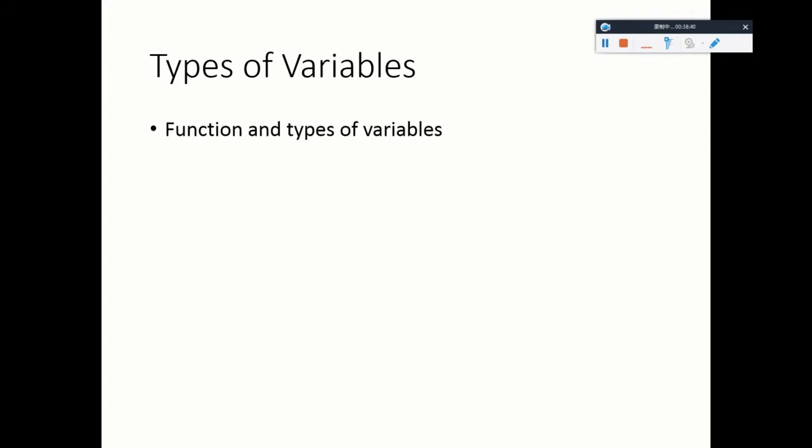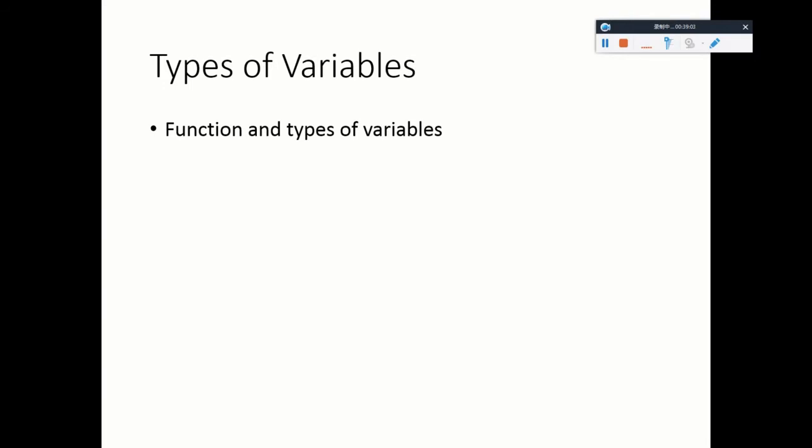All right, so previously, we talked about variables in terms of their values and how we have different types of variables depending on what values they take. Now let's talk about different types of variables depending on their function. So function simply means use.